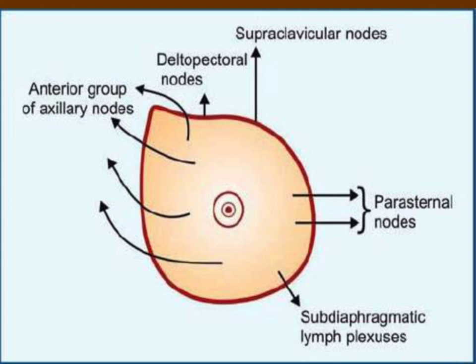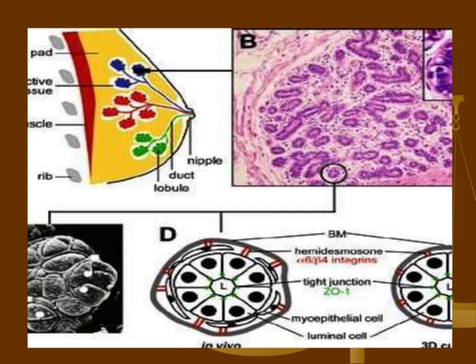You must be aware of all of these, but the subdiaphragmatic plexus is very, very important, because liver metastasis in breast cancer is a dual metastasis. It's not only hematogenous, it's also by the subdiaphragmatic lymphatic plexus, which pierces the diaphragm.